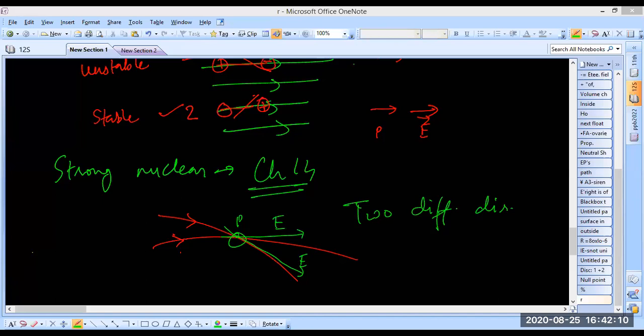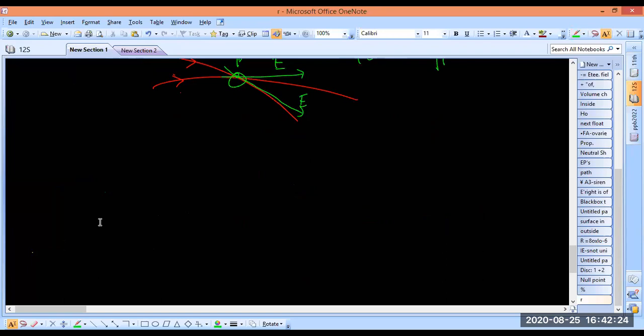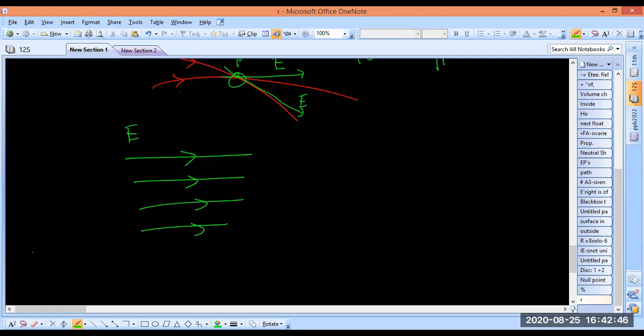The next question is: a cone lies in a uniform electric field. The flux entering the cone is. Okay, that's actually a very good question. Suppose this is some electric field which is uniform, E, and inside it there is a cone.